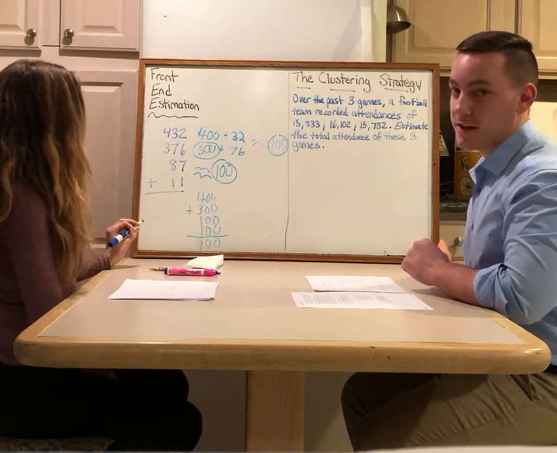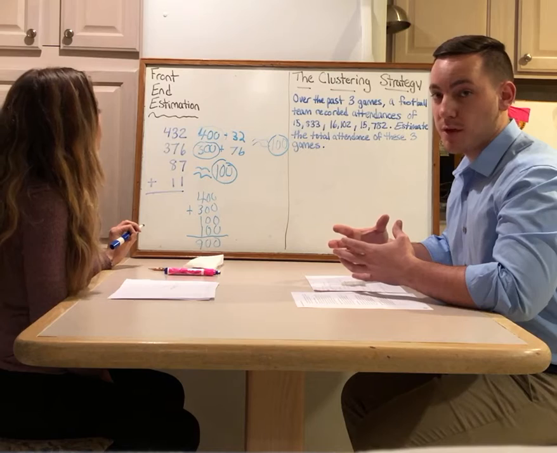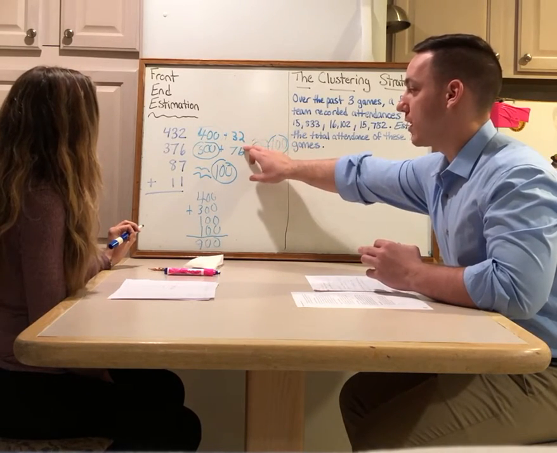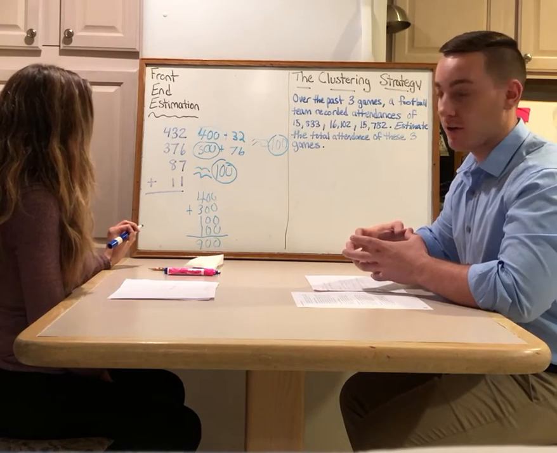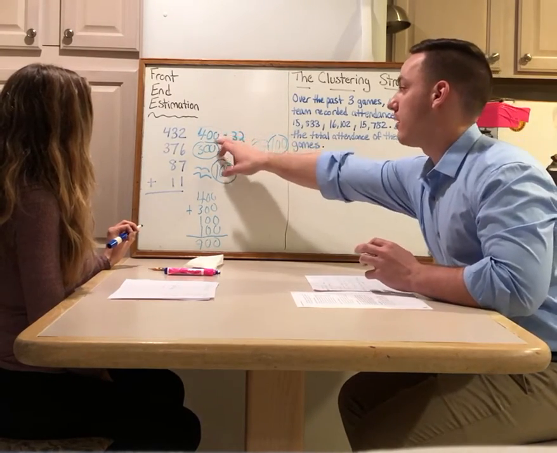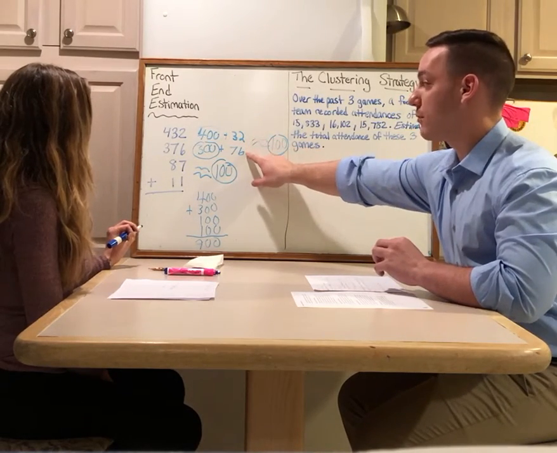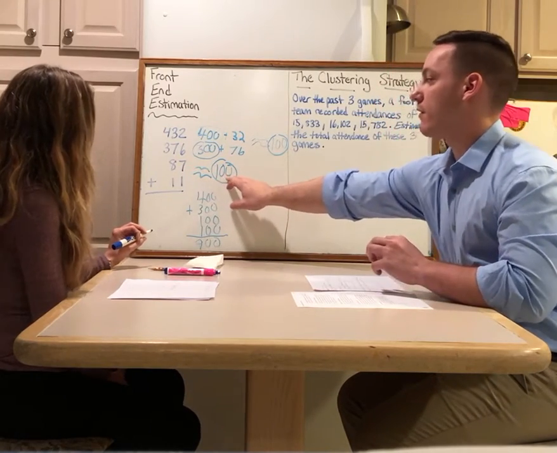So using our front-end estimation strategy, we pulled out as many groups of 100 as we could possibly make. Then we noticed what groups of the tens we could create to make one group of 100. So we had 400 plus 300 plus the 100 that came from the grouping of tens, and another group of 100 from 87 and 11.